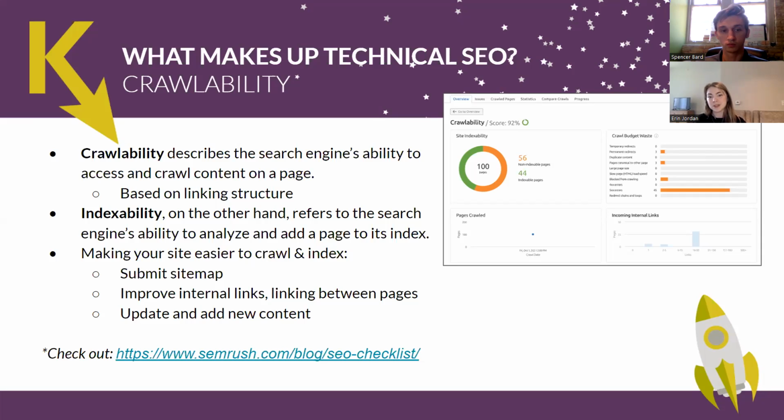And really, there's a couple of top tips here. Spencer's also thrown in a link to an SEO checklist from SEMrush. That's really good to take a look at, but things like submitting your sitemap, so that, again, robots can easily navigate through your menu and how each page is set up and how users find it, but also improving your internal links, improving how you link from one page to the next, and continuing to update and add new content.